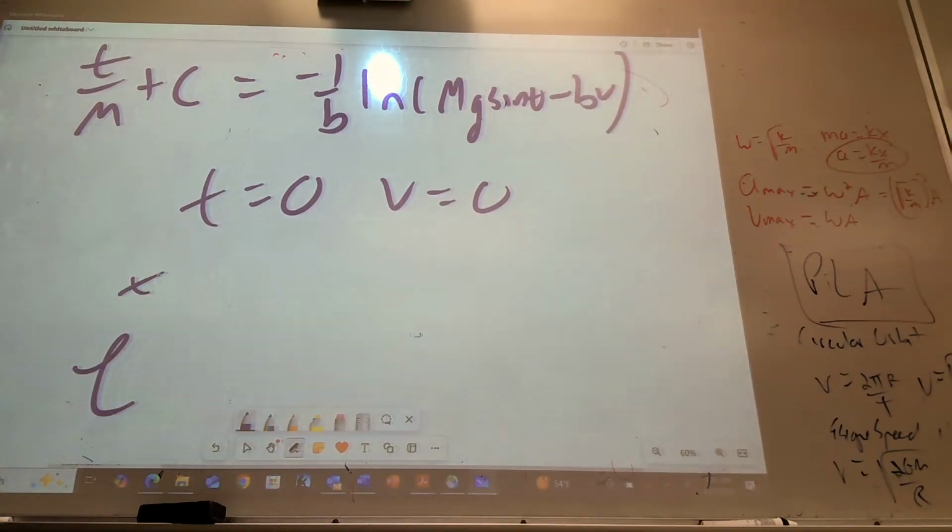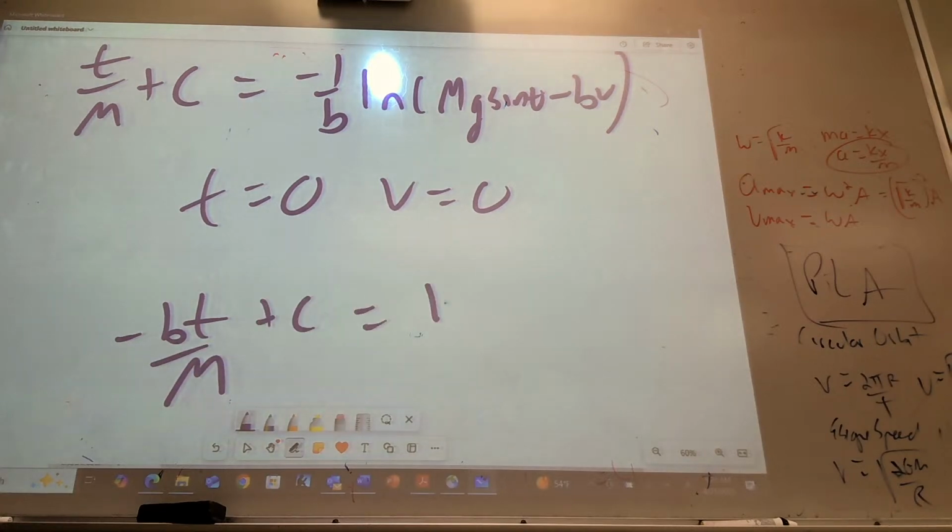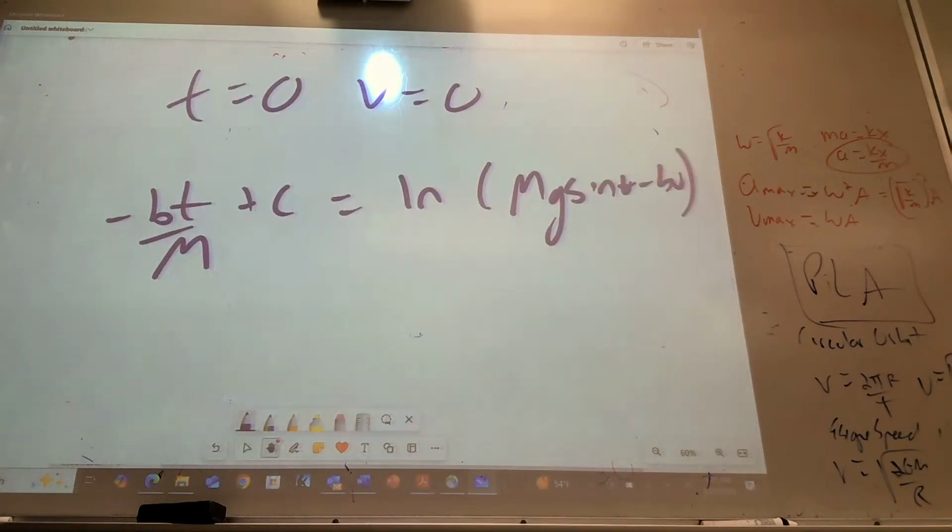So we get t over m plus c is equal to, I'm going to move up that b first, so I can avoid having that b there. If I move up the b, I get minus bt over m plus c. So now it's easier for me to take the E to both sides because the idea is to get rid of ln.